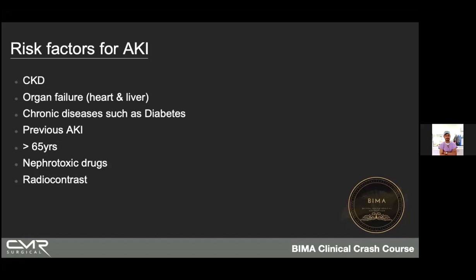Then chronic diseases such as diabetes, where the glomerulus is being impacted by glycosylation and things like that. Having an AKI previously will also increase your risk. Unfortunately, being above the age of 65 also predisposes you to AKIs. Nephrotoxic drugs, which we'll also be discussing, also open you up, and radio contrast agents as well, such as iodine and other contrast.